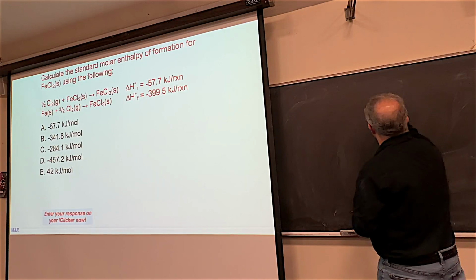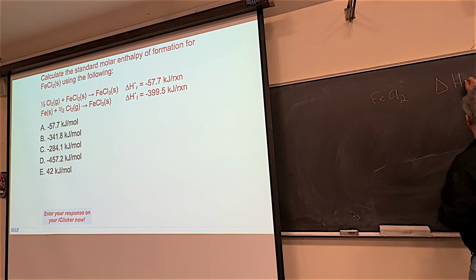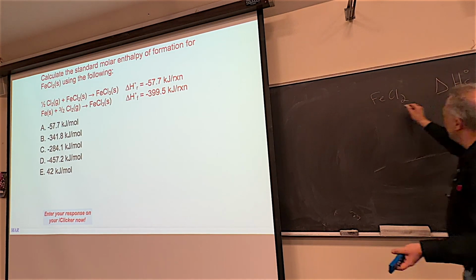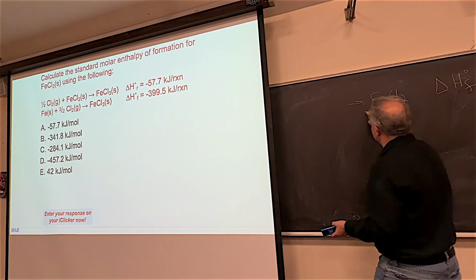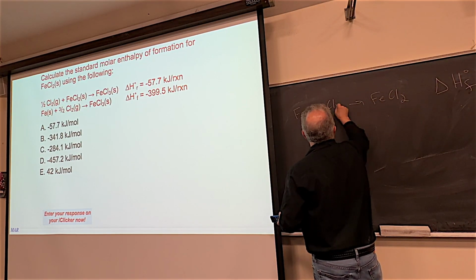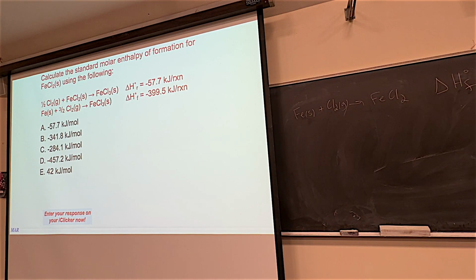You want the FeCl2 delta HF. And again, if it's got this formation, that means 1 mole of product, so you have to have a 1 right there. And then the reactant will be the elements in their standard states. So you want to have the delta H for Fe plus Cl2 making FeCl2.